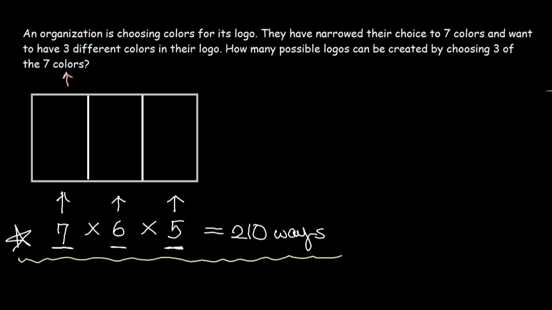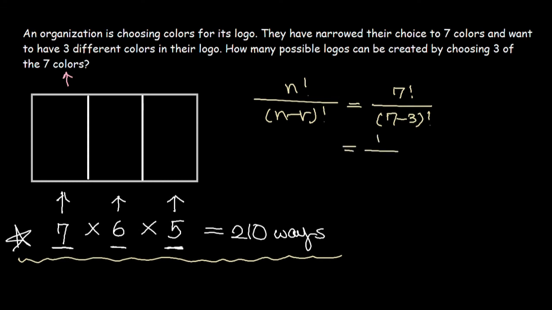So the formula was n factorial all over n minus r factorial. Let's plug in the numbers. 7, because that's the total number. And 7 minus how many numbers did we choose? 3.